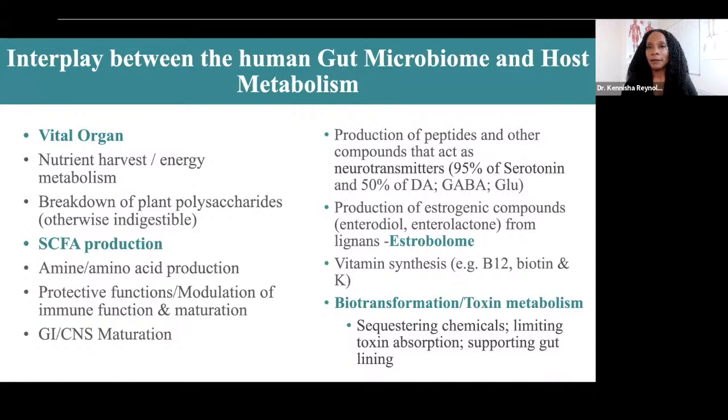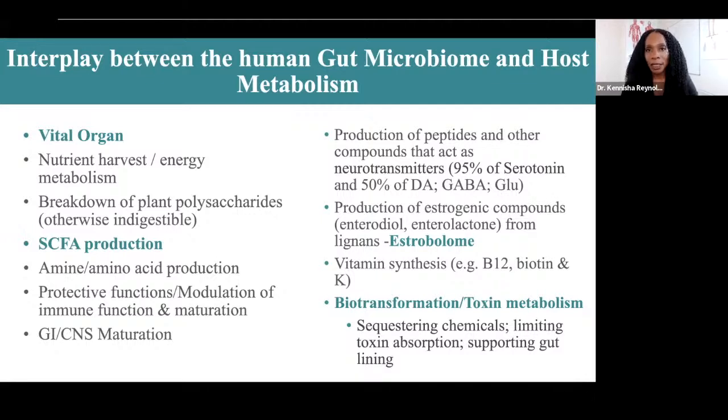The bacteria play a very important role in a lot of different biochemical pathways in the body: energy metabolism, the breakdown of our nutrients, polysaccharides, or the fermentable dietary fibers that help to produce short-chain fatty acids, and amino acid production.